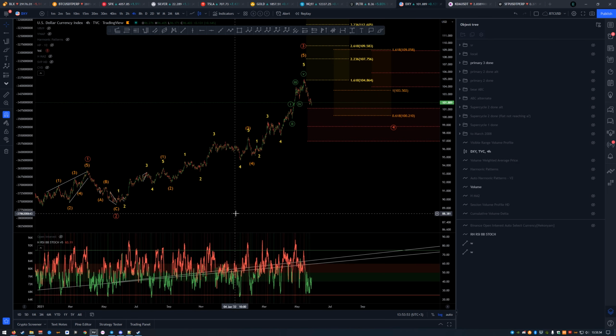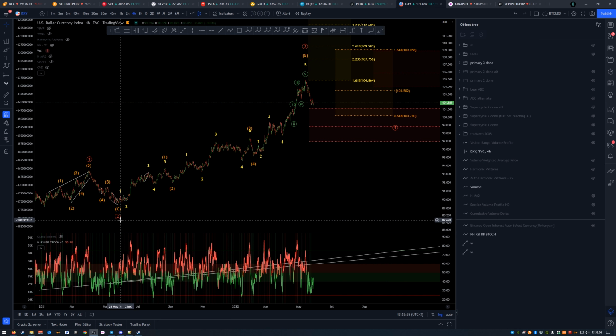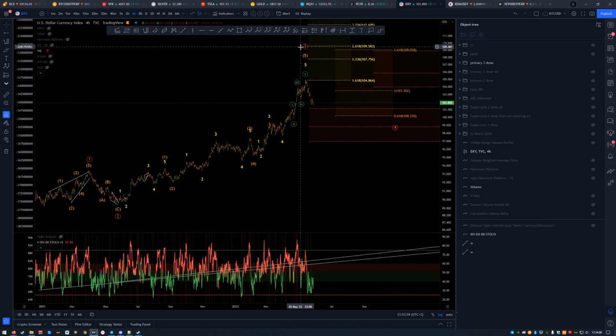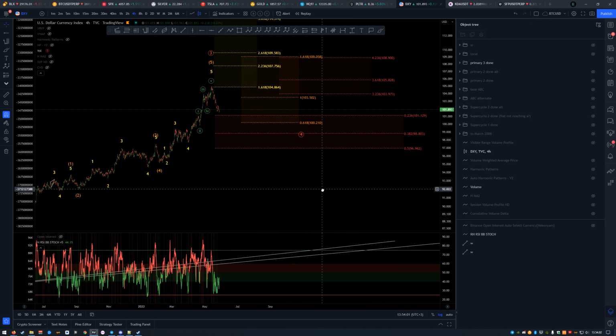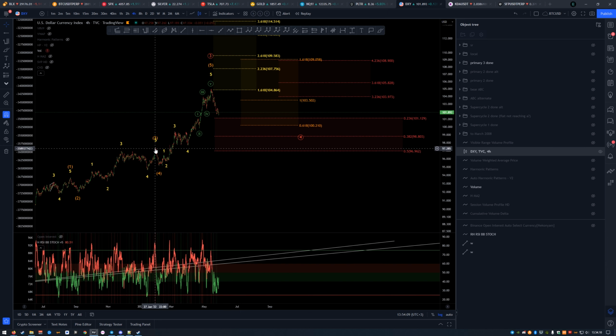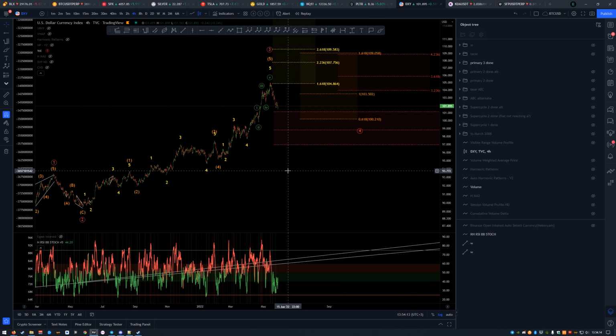I had another thought about this, and could have this 1, 2, 3, 4 and 5 into the third already completed. At that point we would have lower targets for the third wave, of which we do have the fourth wave all the way down here, and that would be again around the 0.5. So this does not really line up too well.